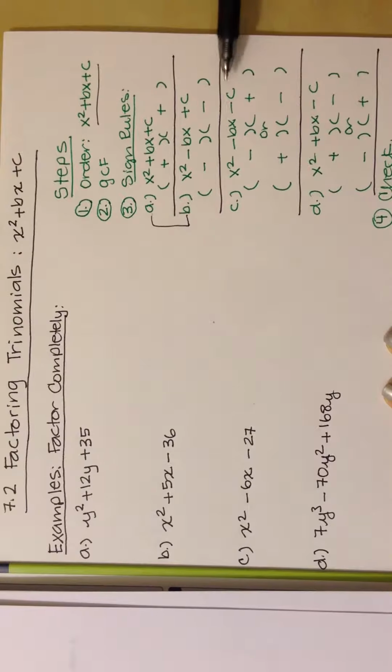If the last term is negative, as in C and D, then you have to have opposite signs in the parentheses. It depends on the problem if the negative comes first or if the positive comes first.